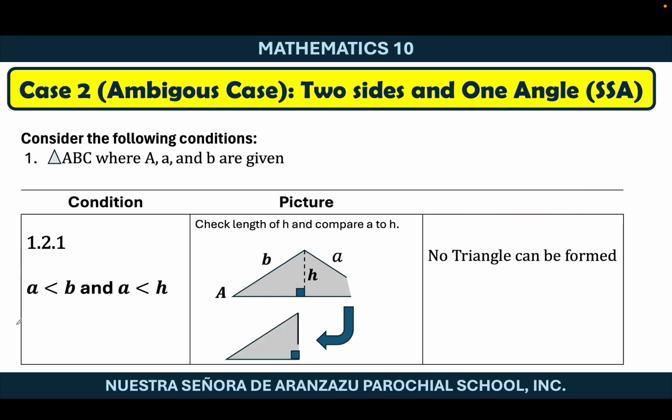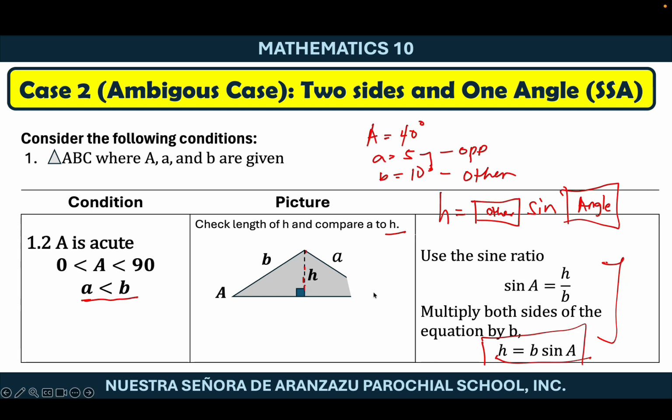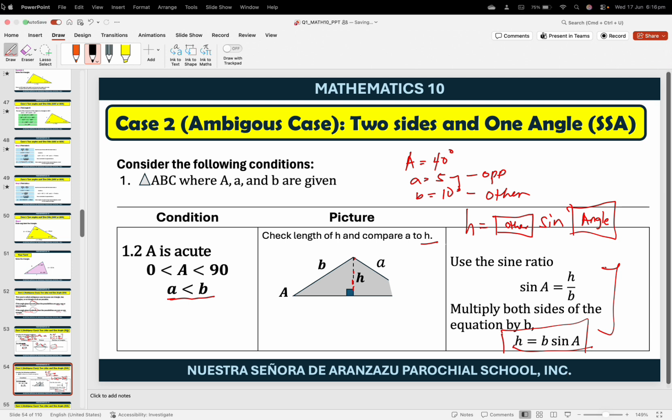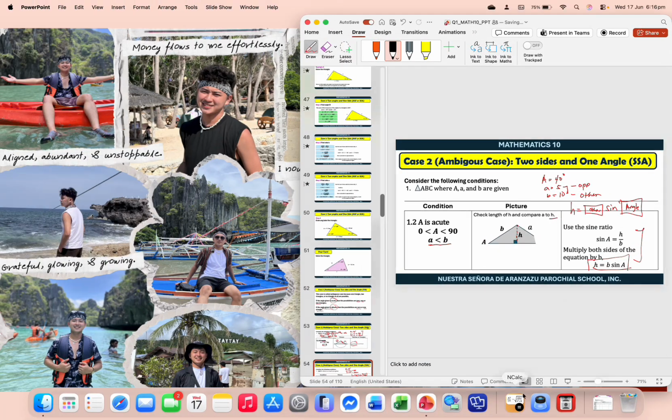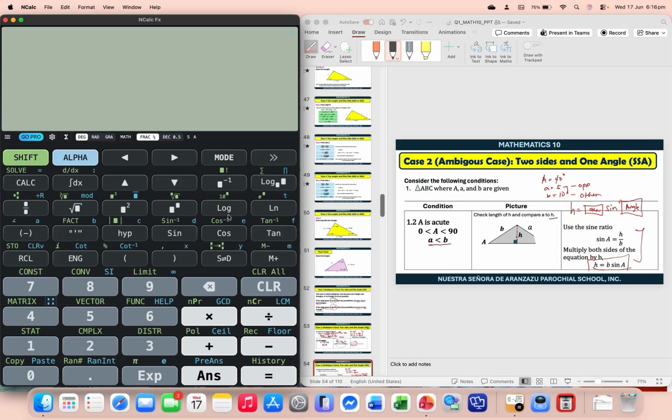Now, kapag nakuha nyo na yung value ng height, pakita natin. Now, let's say, ito yung mga given mo, 5 and 10, and the angle is 40. So, yung other side mo, ano yung other side mo dito? That is 10.